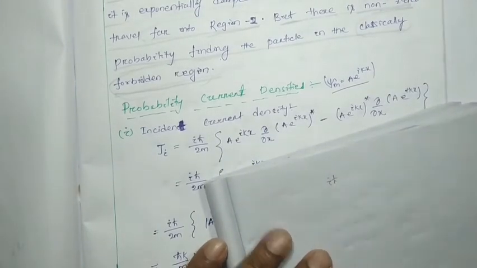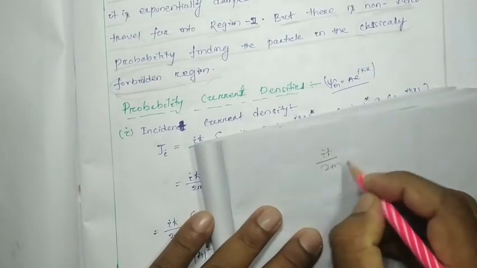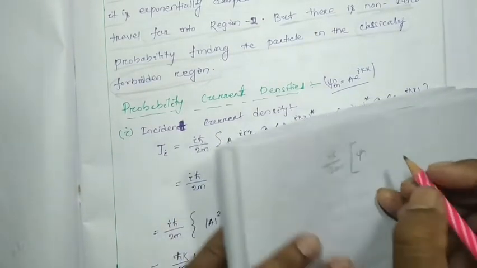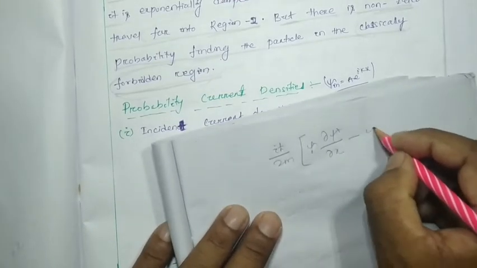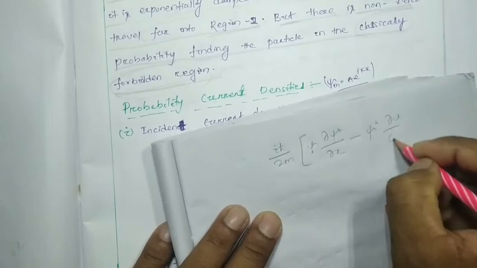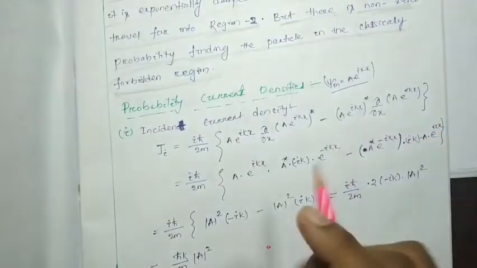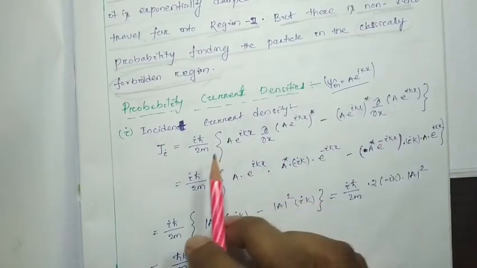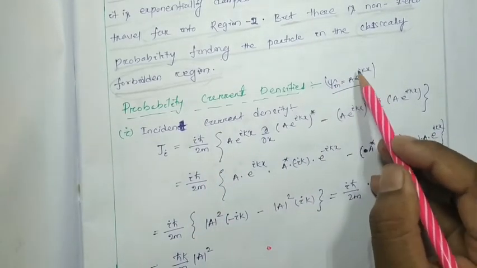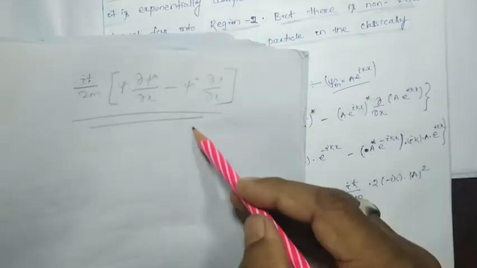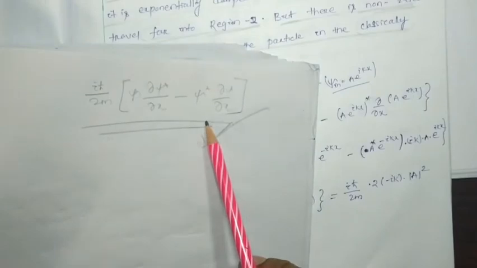It is i h cross by 2m, psi del psi star by del x minus psi star del psi by del x. With simple steps omitted, I have written it over here, you just follow it. Here the wave function is a e to the i kx. We follow this expression for finding the current density.